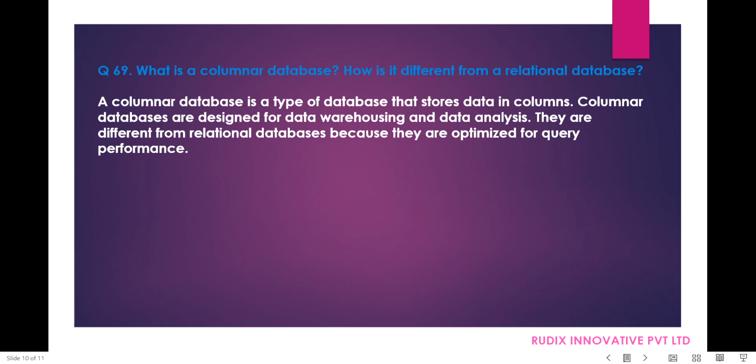The main purpose of a columnar database is to efficiently write and read data to and from hard disk storage in order to speed up the time it takes to return a query. How is it different from a relational database? It is designed for data warehousing and data analysis. They are different from relational databases because they are optimized for query performance.